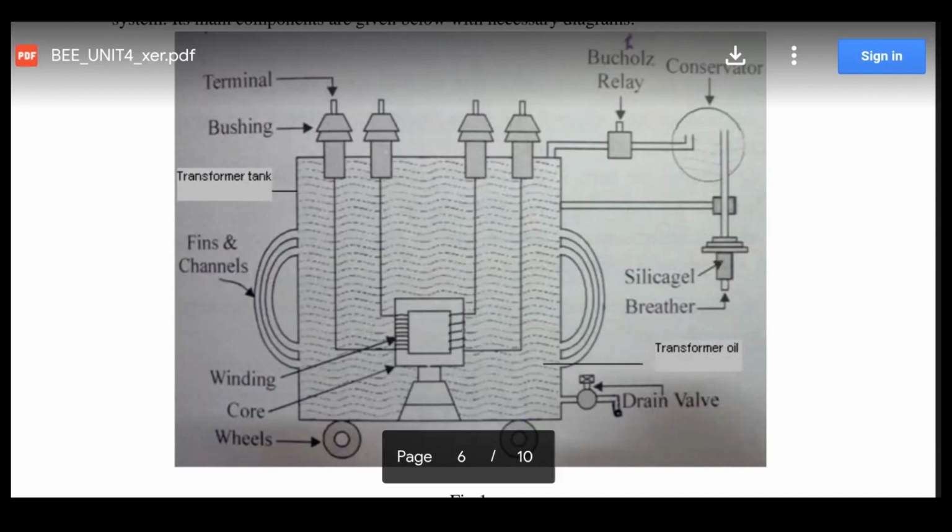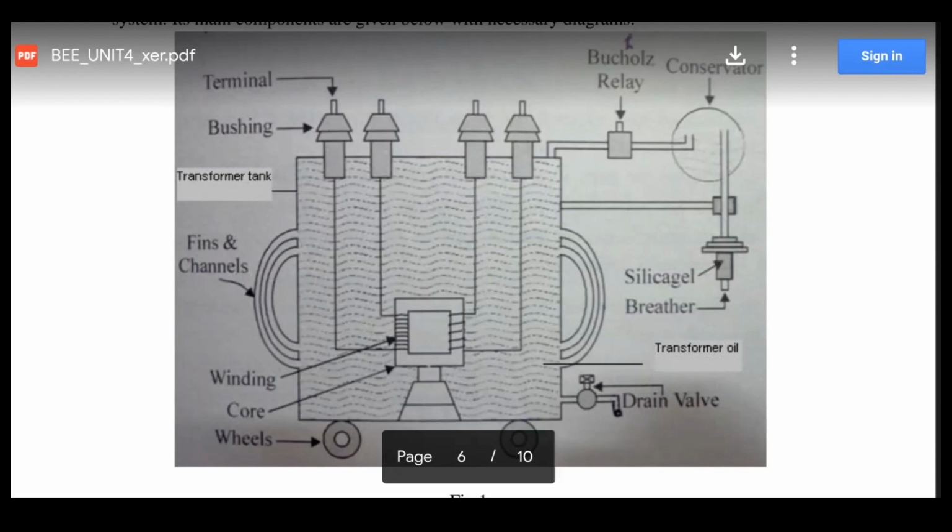Okay, so this can be low voltage winding and high voltage winding. For example, if it is a step up transformer, then low voltage winding will be on the primary side and high voltage winding will be on the secondary side. Okay, and vice versa for the step down transformer.